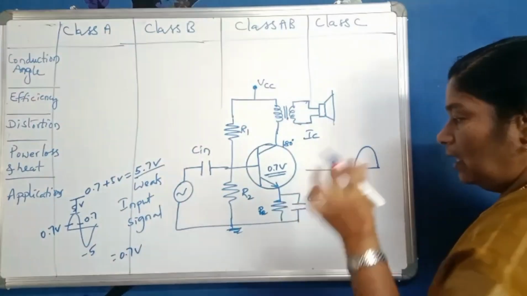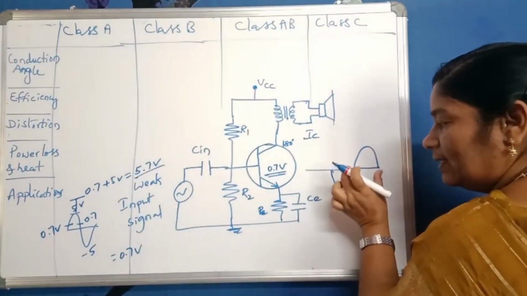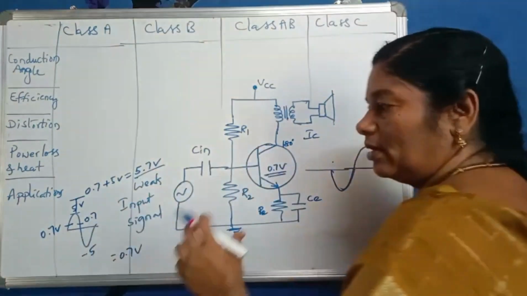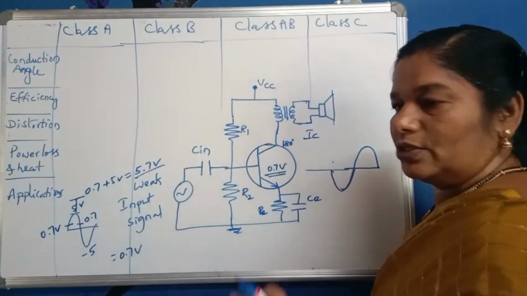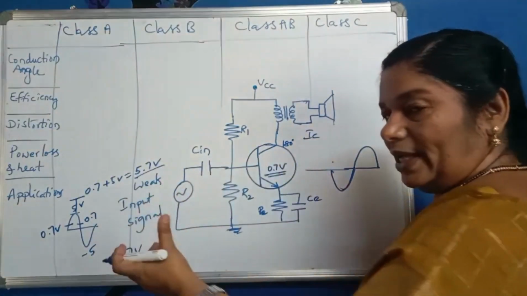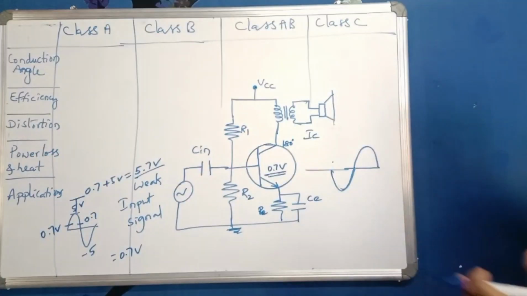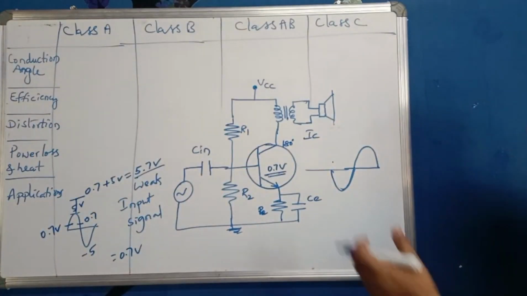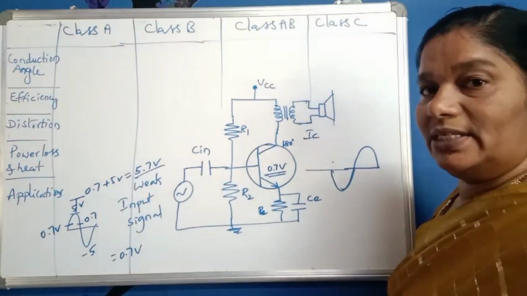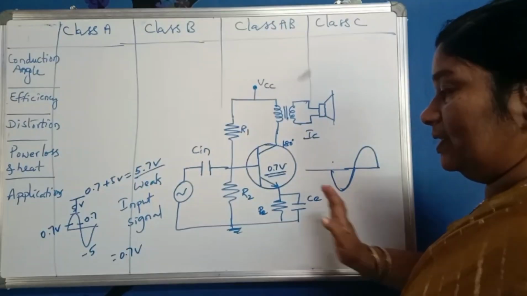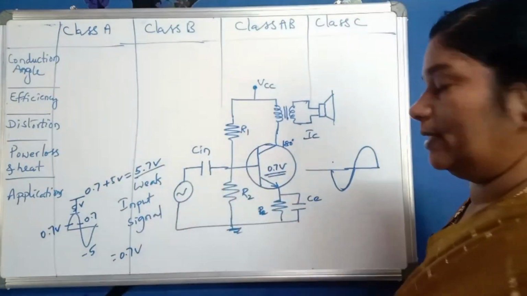Distortion means checking whether the output signal resembles the input signal. If they are not the same, then you call it distortion. So here distortion is not there. The complete output is just like the input signal.